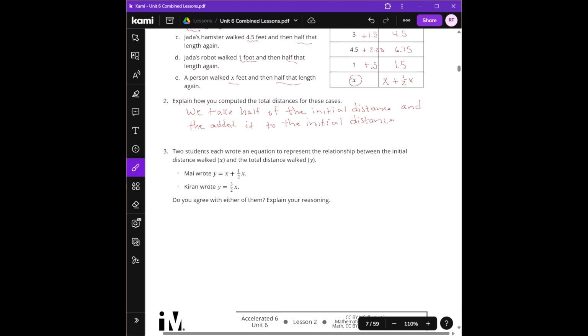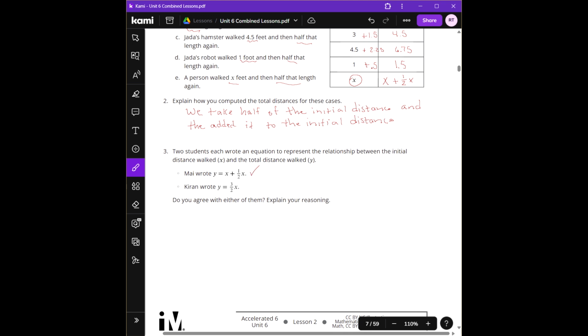May wrote y equals x plus 1/2 x, and then Kieran wrote y equals 3/2 x. Do you agree with either of them? We can agree with May. But what about this one?